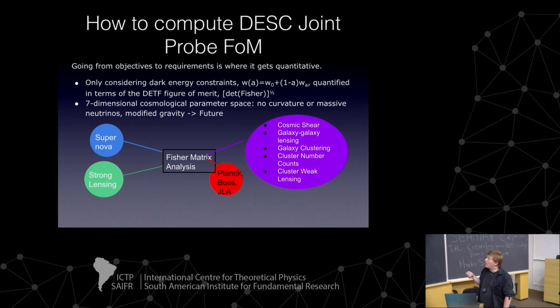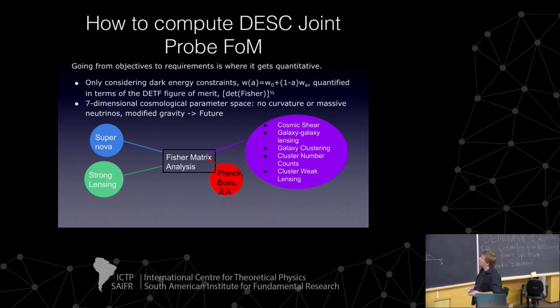Okay, so how do you compute this figure of merit that I've mentioned the whole time, saying that it has to be larger than 500? Well, we only consider dark energy constraints here, so we only consider w0 and wa. In terms of this Dark Energy Task Force figure of merit, it is defined as the determinant of the Fisher matrix, the square root of that.